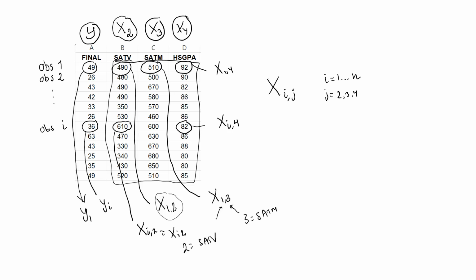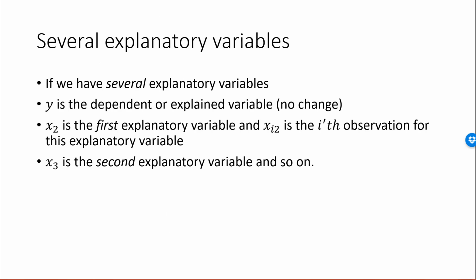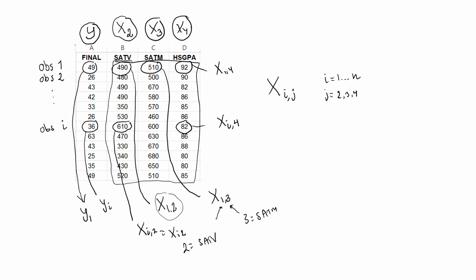In this particular example, we had three explanatory variables denoted by x2, x3, and x4. The number here, that is the index of the last explanatory variable, will always be denoted by k. So for this particular setup, k is equal to 4. k will always be 1 unit above the number of explanatory variables, and that's because we begin at 2 and not 1.